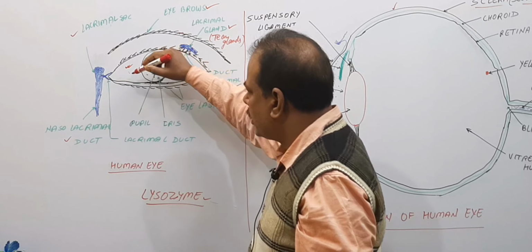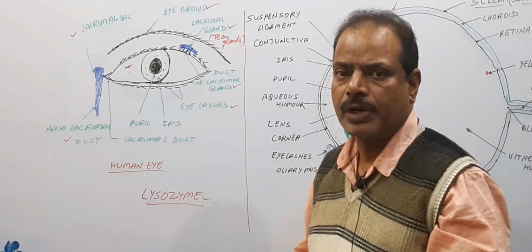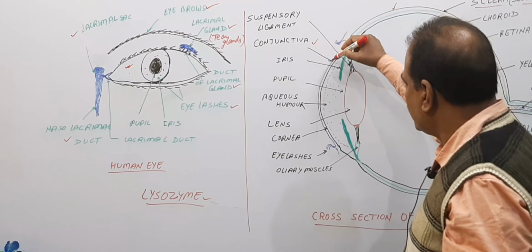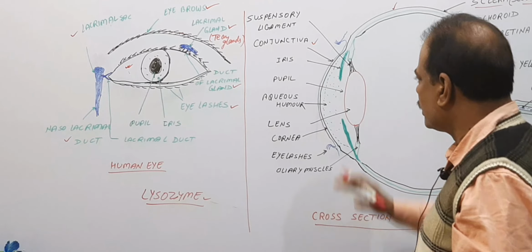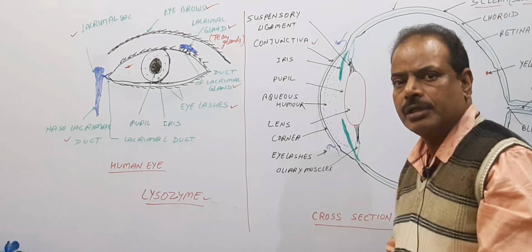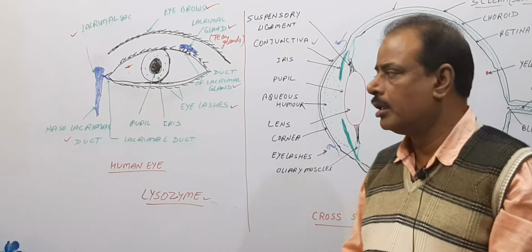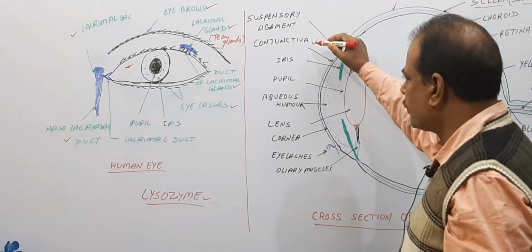And the outermost covering of the front part of the eye is known as conjunctiva. So conjunctiva, this one here, is a covering on the front part of our eye, and it protects our eyes from germs, dust particles, etc. And it is very preventive in nature.